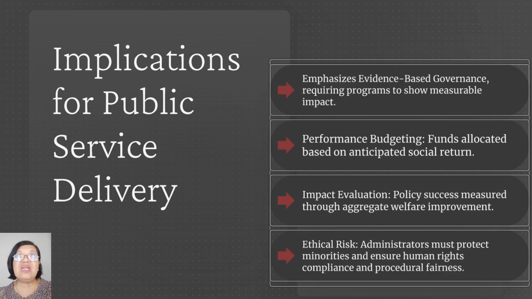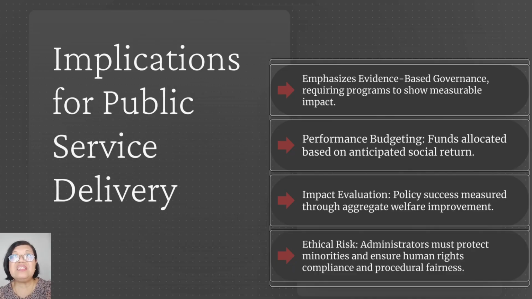What will be expected from policies and programs. These are decided upon based on the criteria that the greatest happiness for the greatest numbers will be achieved. And then impact evaluation, wherein policy success is measured through overall welfare improvement.